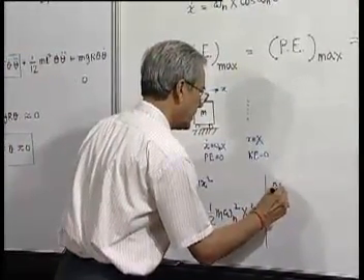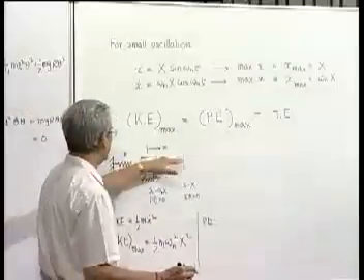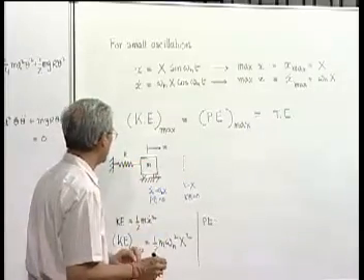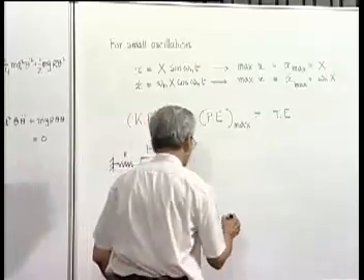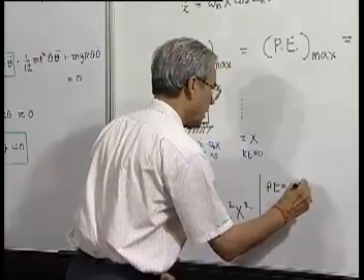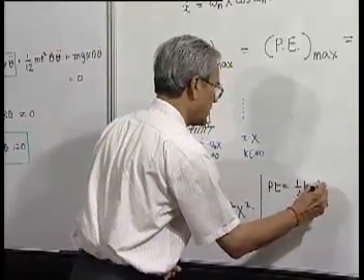And for potential energy, the gravitational potential energy remains the same, so we can put it equal to 0. Strain energy is the only potential energy, which is half k x square.